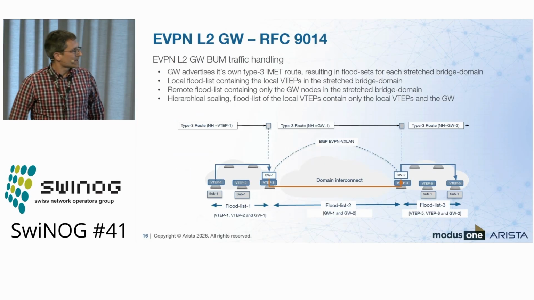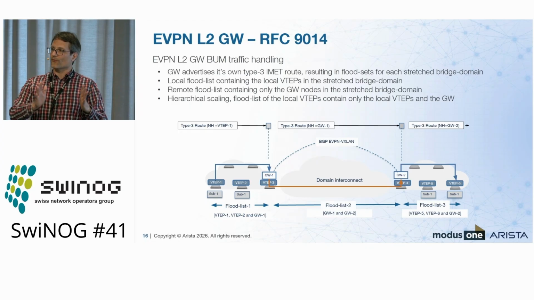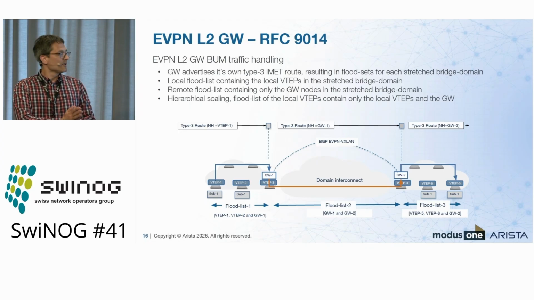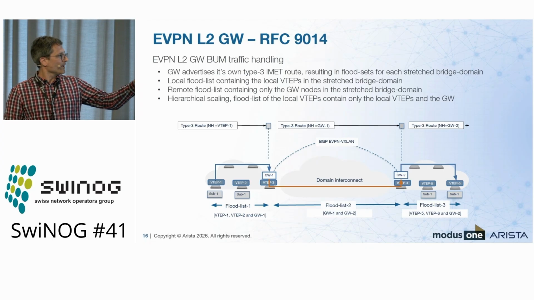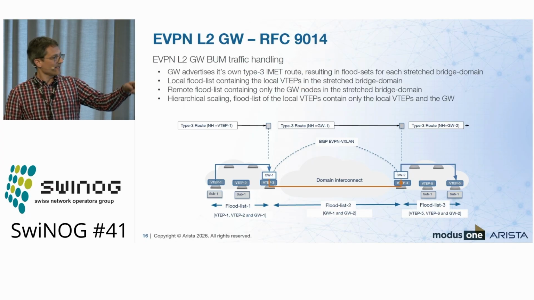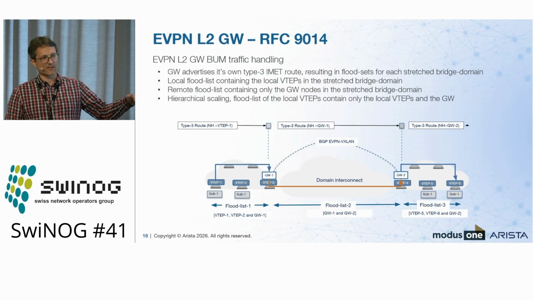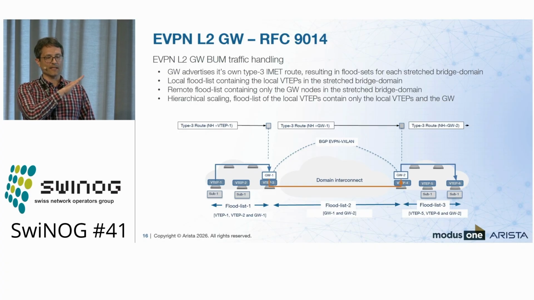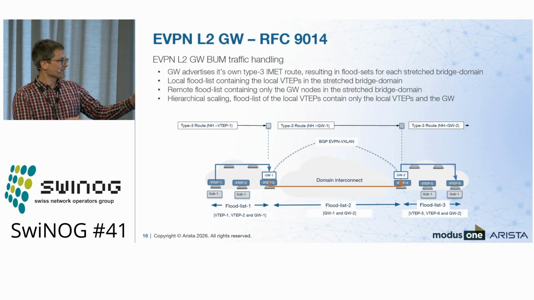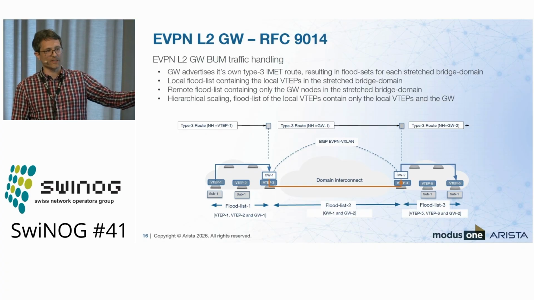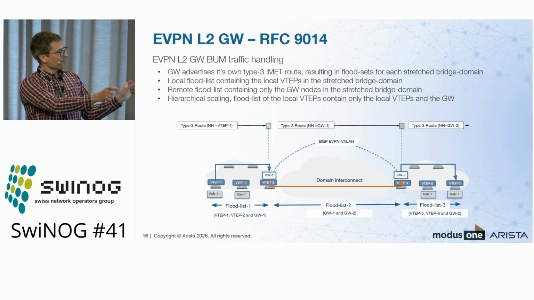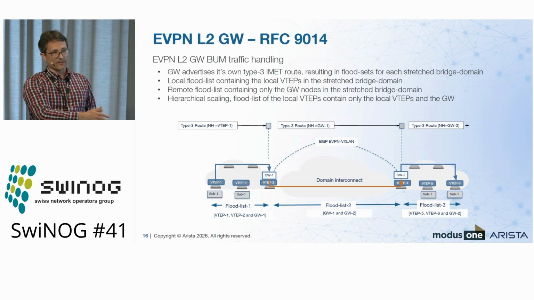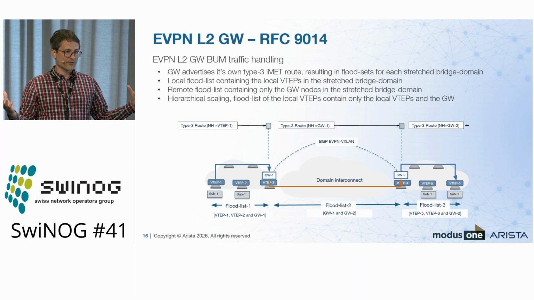The other effect is that we reduce the flood lists. So if gateway 1 only sets itself as next hop and advertises only the type 3 route for itself and not for VTAP 1 and VTAP 2, we now have shorter flood lists, which again helps with scaling, especially if we build really large fabrics.